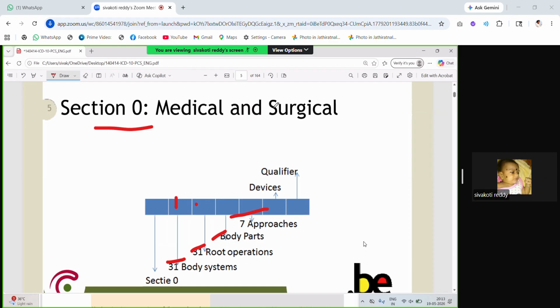Based on the fourth character. What is the fourth character? Body part. So let us discuss the fourth character first, body part. Body part means the site of the procedure or the location of the procedure. The location where they are performing the procedure, you will get in the fourth character.